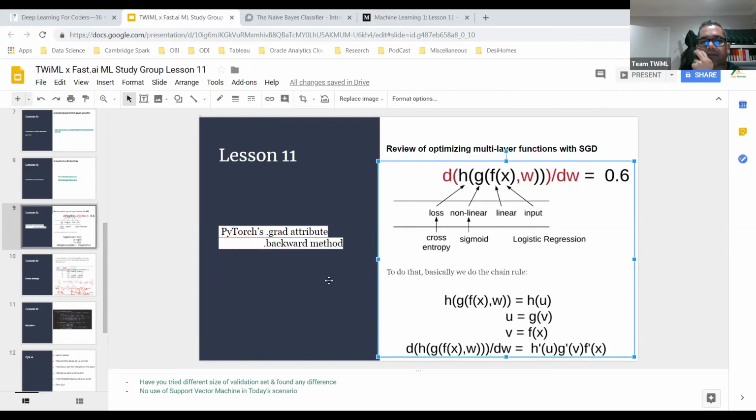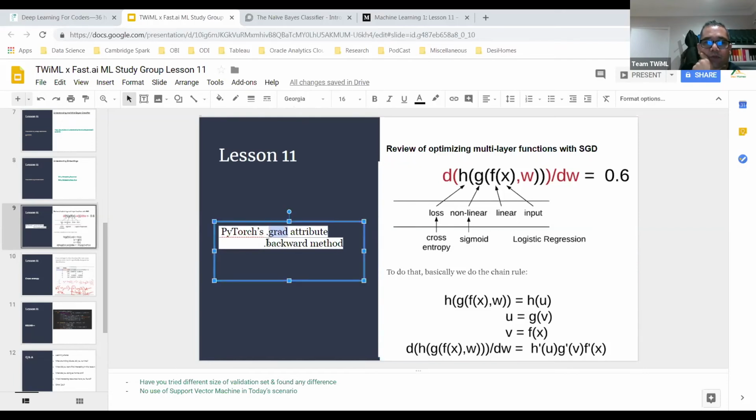Any view on it? He started reviewing these multilayer functions, how they work. He was explaining that it's very difficult to do by hand, but in PyTorch you have something called a .grad attribute and a .backward method.